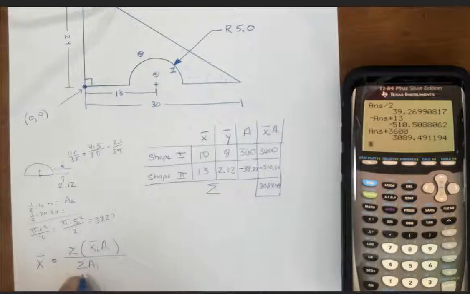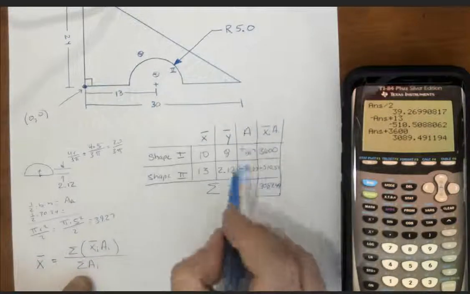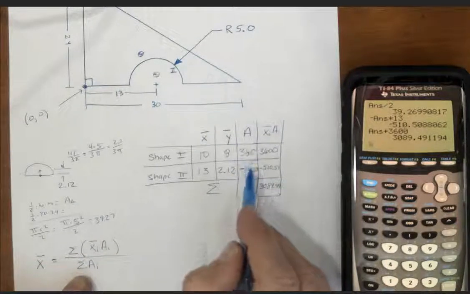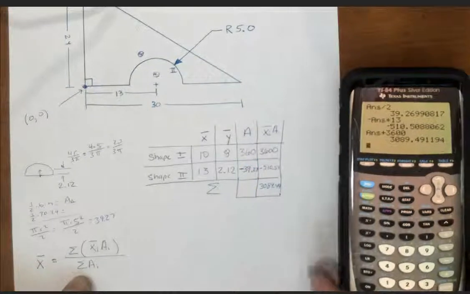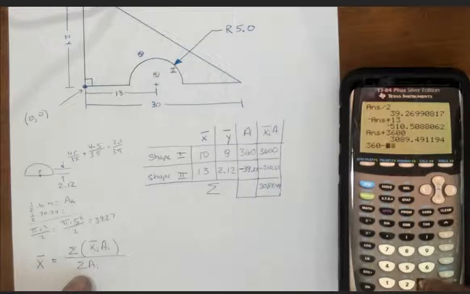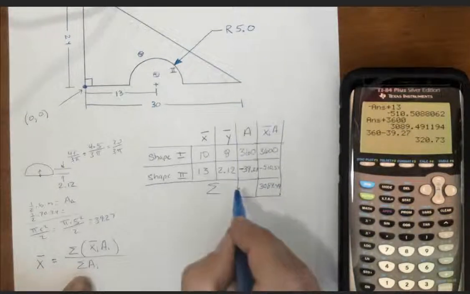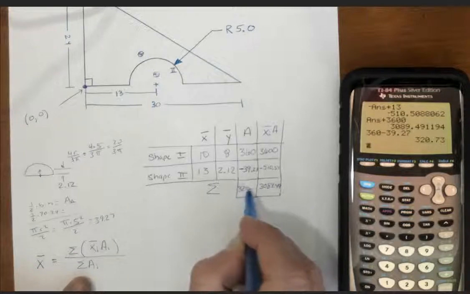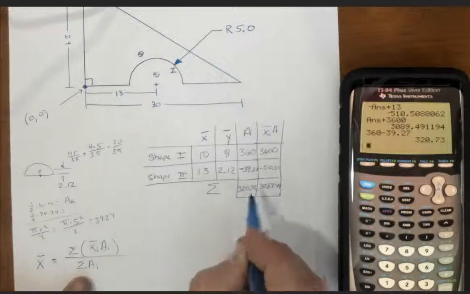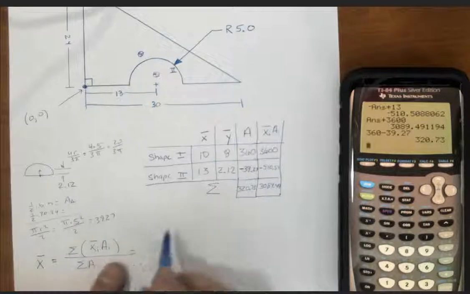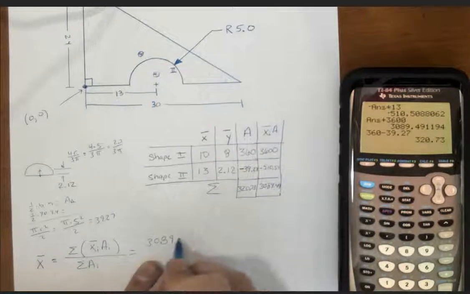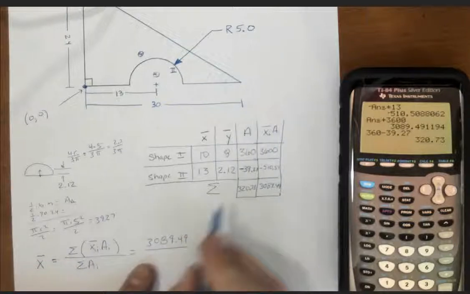That will get divided by the sum of all the areas. Right here, I've got the areas of the shapes. I'm going to add those up. So the 360 plus a negative, minus my 39.27, is 320.73. So this is going to be 3089.49 divided by 320.73.